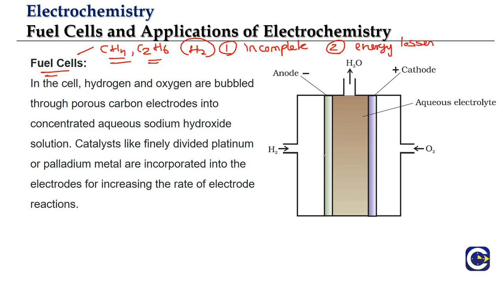Some energy may be lost to the surroundings. Some energy may be lost as it gets converted into some other form, like instead of heat, it may become light or other forms. So there will always be inefficient extraction of energy from the combustion process.